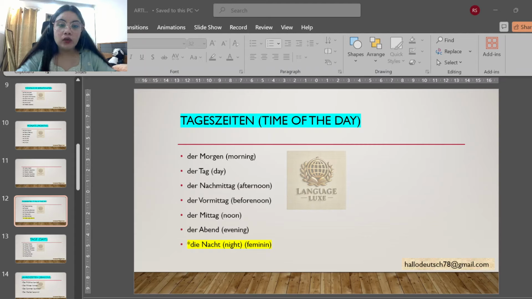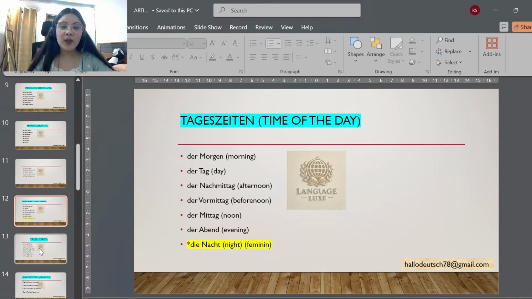Mittag is noon, midday. Then comes der Abend. Abend is evening. And the last is Nacht. Nacht is night and it is feminine. It is an exception. Die Nacht. So der Morgen, der Tag, der Nachmittag, der Vormittag, der Mittag, der Abend, but die Nacht.